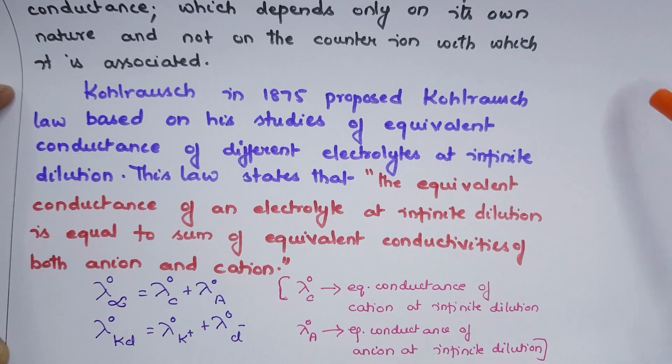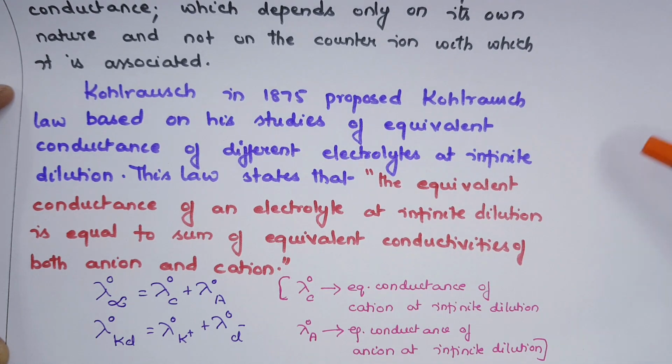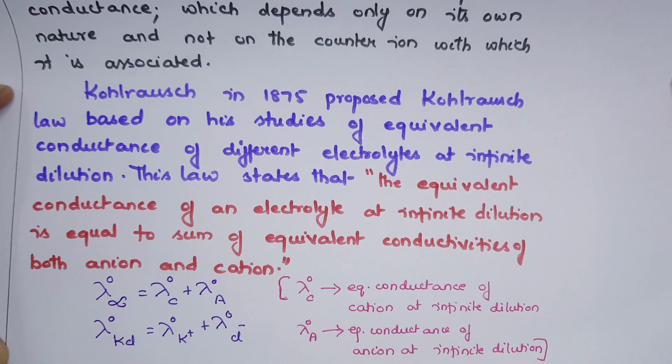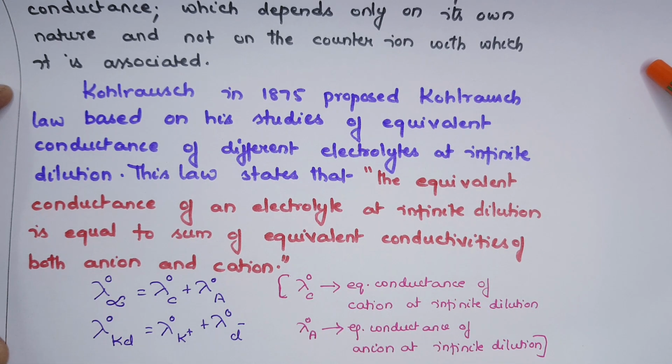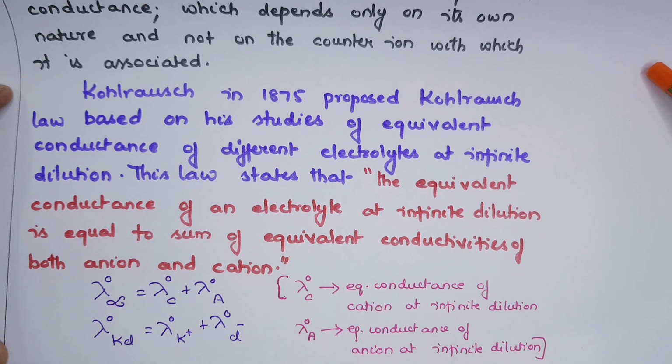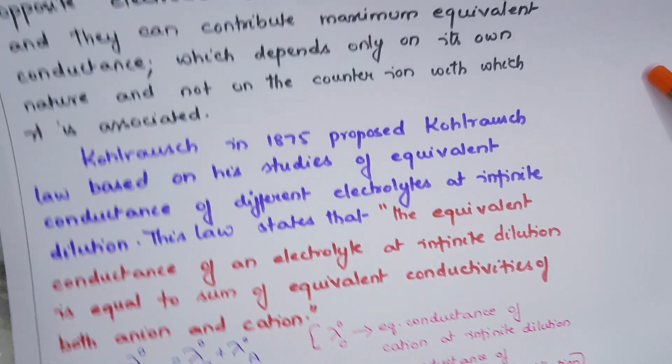For example, if we take KCl, potassium chloride, the equivalent conductance of KCl at infinite dilution will be equal to lambda naught of K plus plus lambda naught of Cl minus. Lambda naught of K plus is the potassium equivalent conductance at infinite dilution, and lambda naught of Cl minus is the chloride equivalent conductance at infinite dilution. Okay, students.